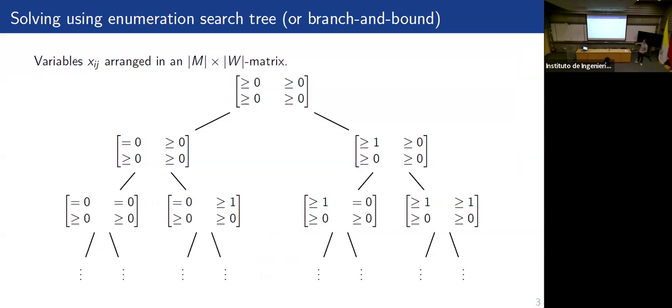So in the root node, we consider the problem without the integrality conditions. We may find a solution using linear programming. This solution may not be an integral solution. What we do is pick a variable, it's called variable branching, to say what happens if the variable that we pick.